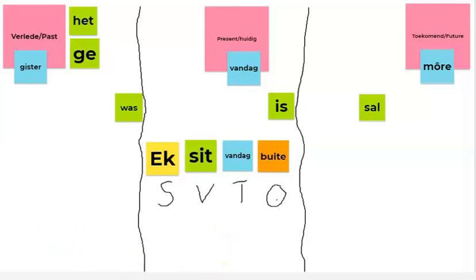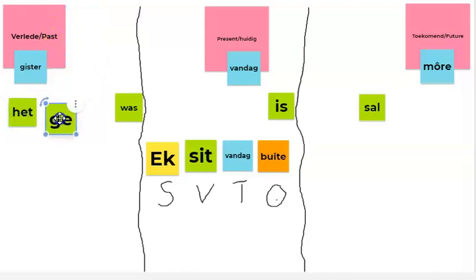All right, so let's have a look at what happens if I take these words and throw them into the past tense. There are two verbs that you need to remember for past tense, and that is het and ge.